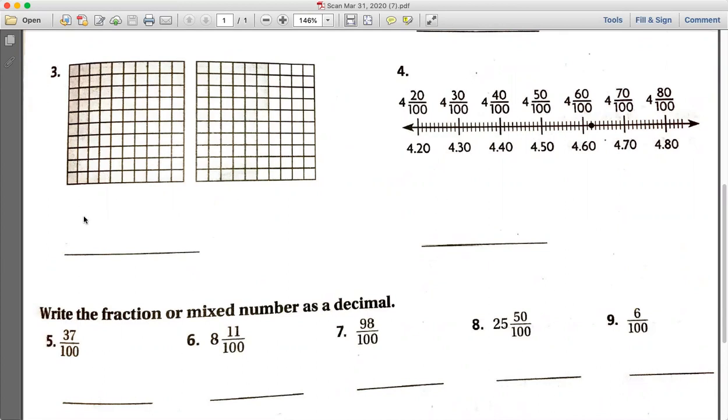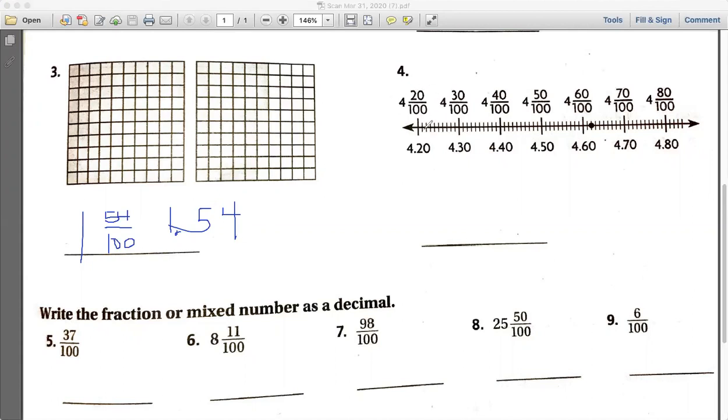So it was going to be 1 and 54 hundredths. Okay, and to write it as a decimal, you're going to put 1 on this side and 54 hundredths. There we go. Okay, let's look at how this is separated.